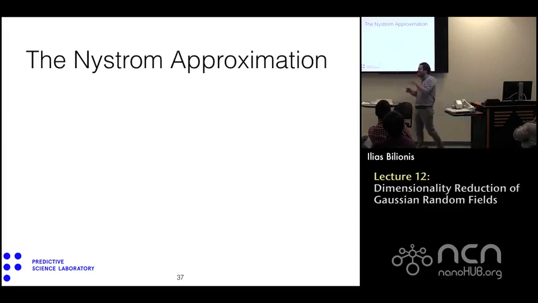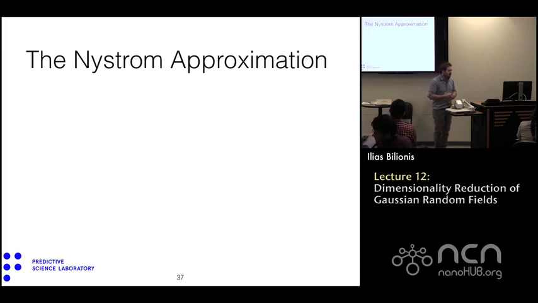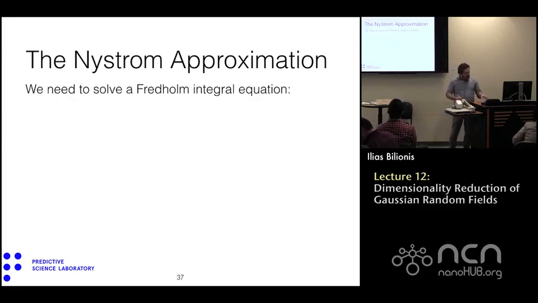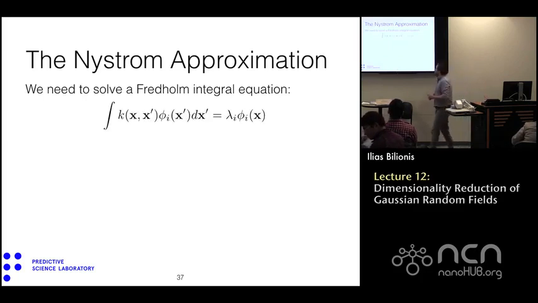So now I'll tell you how we find the eigenfunctions and the eigenvalues of an arbitrary covariance function, okay? And we're going to use what is known as the Nyström approximation. The equation that we need to solve is this one. It's an integral equation.